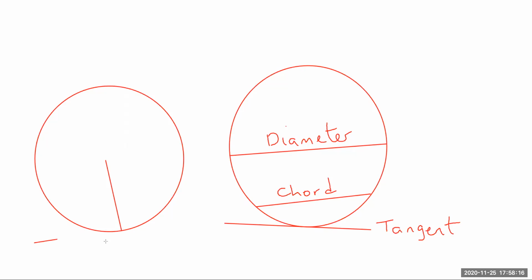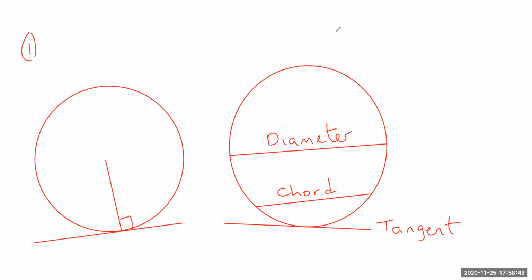Wherever a radius and a tangent meet, the angle between the radius and the tangent is 90 degrees. So this is theorem 1. The angle formed between a radius and a tangent is equal to 90 degrees.